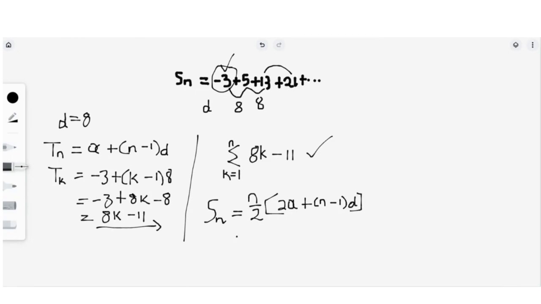Okay, substitution: n over 2 into 2 times the first term, which is -3, plus (n minus 1), and the constant difference is 8.